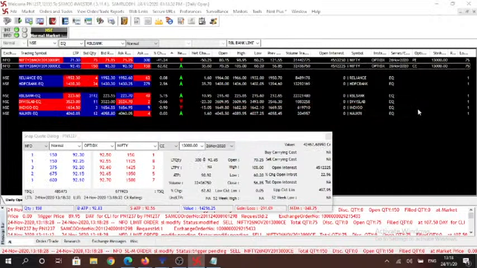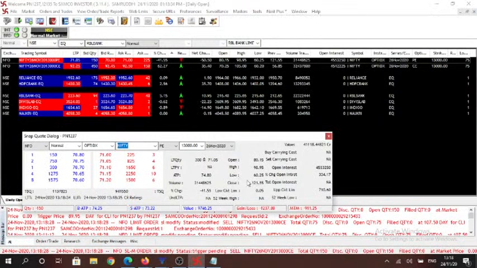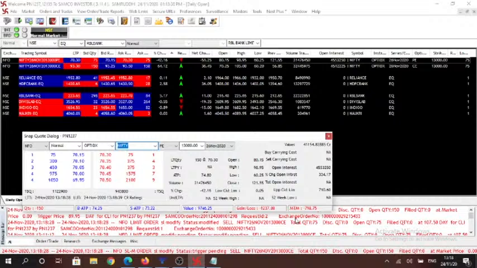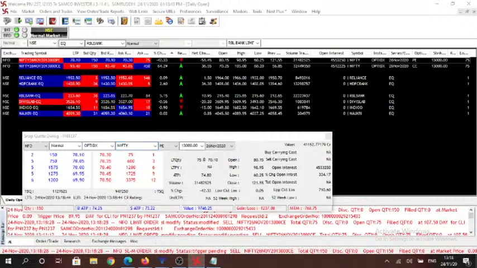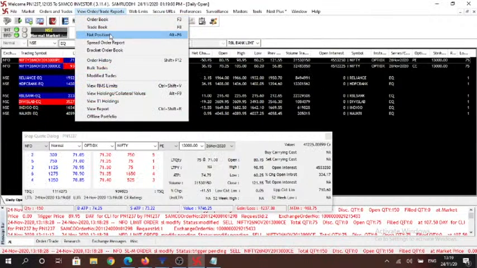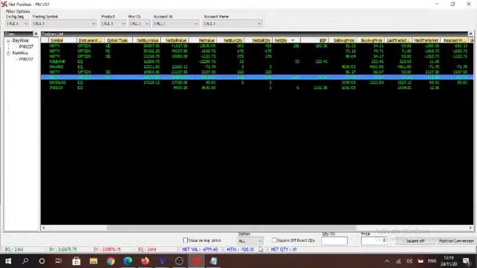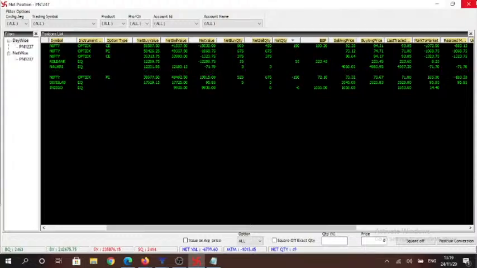Placed a stop loss order for a position, and I think now I'll focus on exiting this position. And it has not been a good day. We are losing money today.